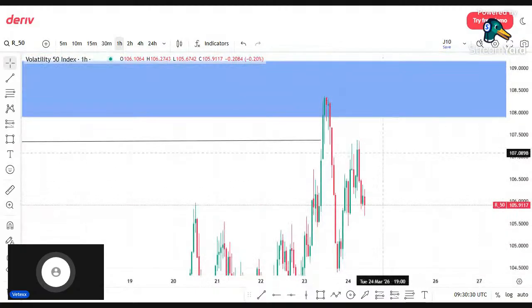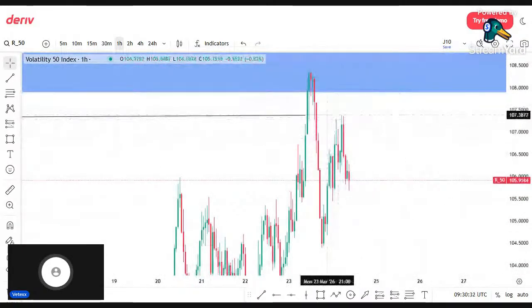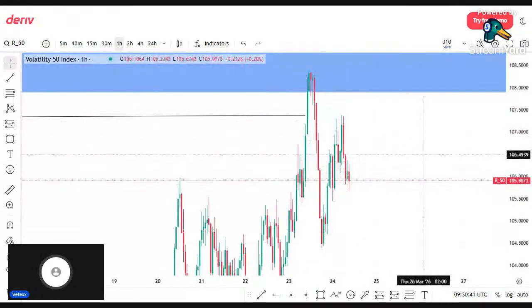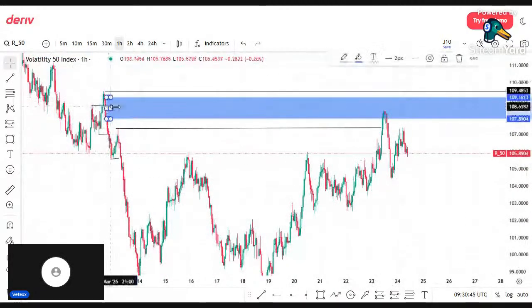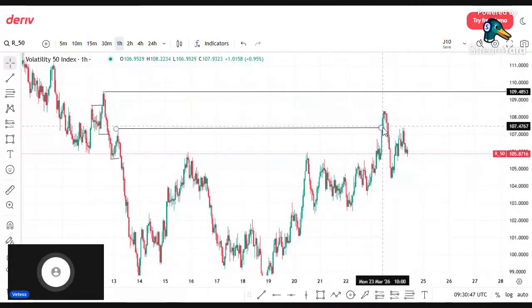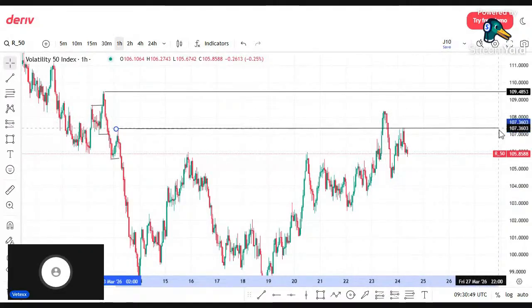So unfortunately, we can no longer work with this sweep because it's almost equal to the structural sweep of liquidity. So this is already void. So we are not going to be working with this sweep any longer for our continuation. So this is going to continue like this.